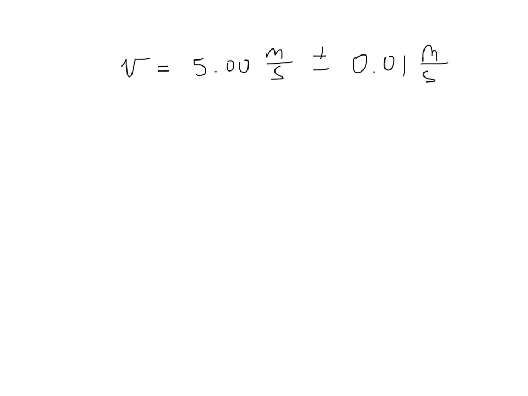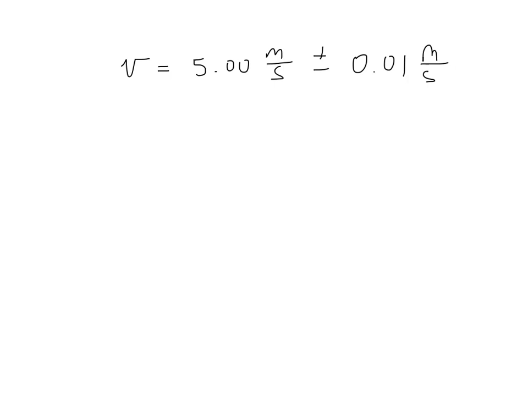Now, if we go later to rewrite this uncertainty, there's a special rule we must follow. And here it is. The value or the measurement must always be rounded to the same place as the absolute uncertainty.